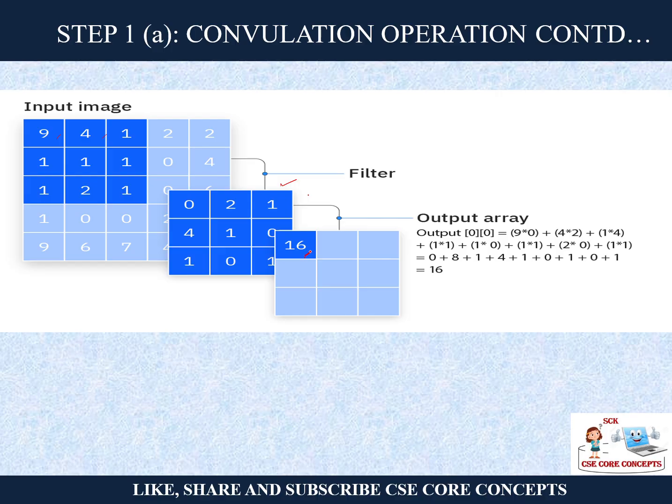First you find the zeroth row, zeroth column value. How do you compute it? 9 into 0 is the first entry here. This 9 is multiplied by the first value, so first row first column multiplication, plus 4 multiplied by 2, and so on. Basically this is done, and you get the answer 16. Each of them is multiplied one by one.